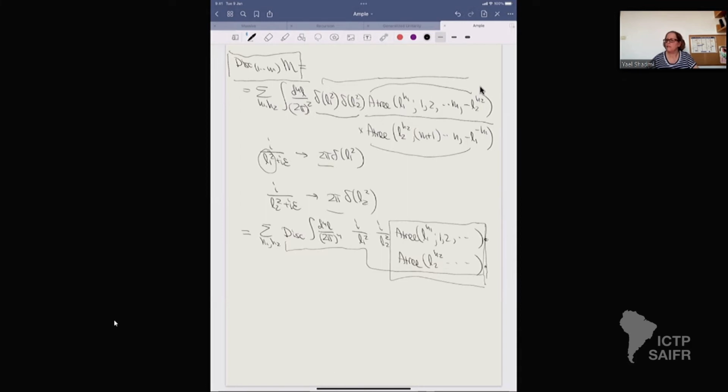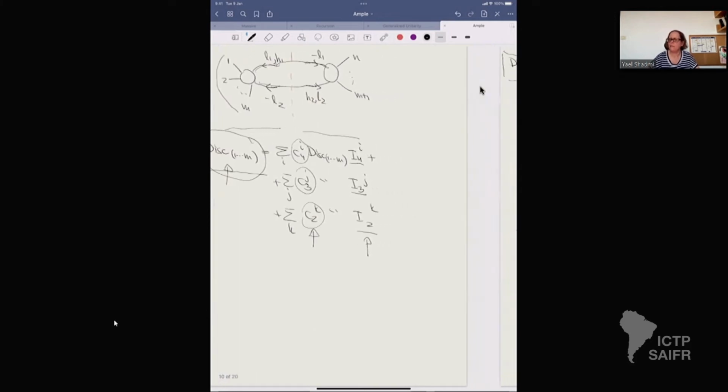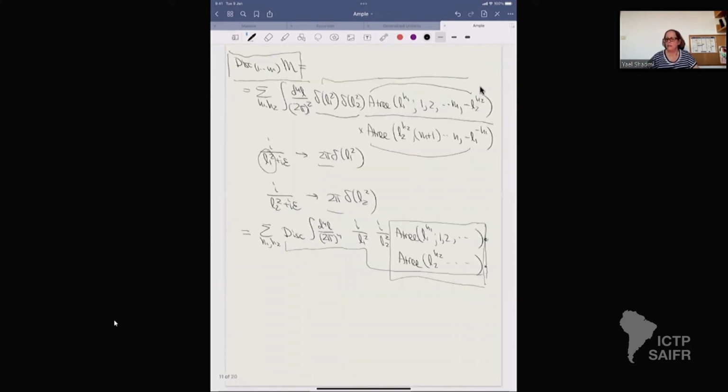So the point is that we now have this discontinuity on the left-hand side. We know the discontinuity of the amplitude, and we can now find these coefficients of the triangle, box, and bubble. Any questions about this before we go on?